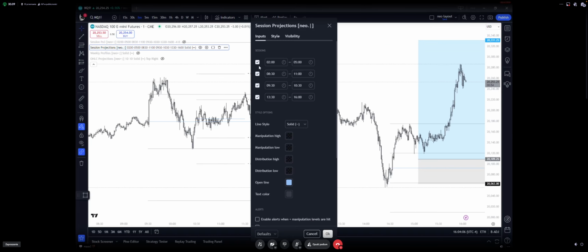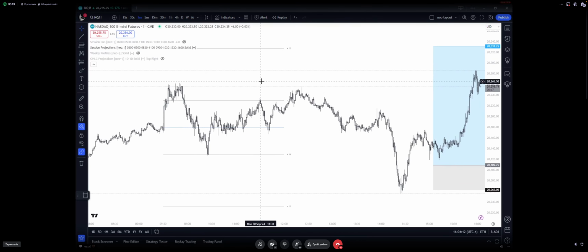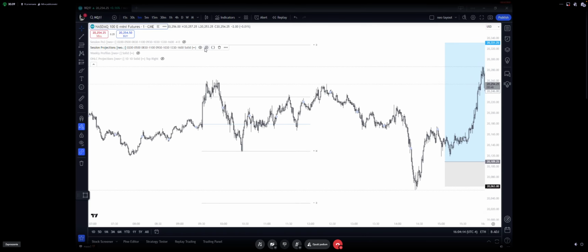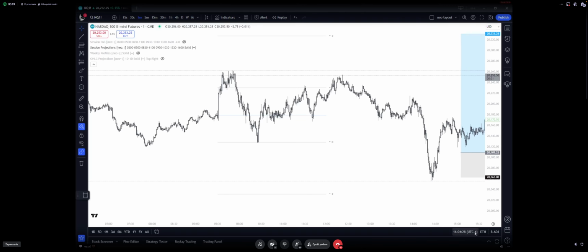You select a session that you want, and then it's going to show you the levels for that session. For example, these are in New York time, so if I'm looking at the 8:30 open to 11.